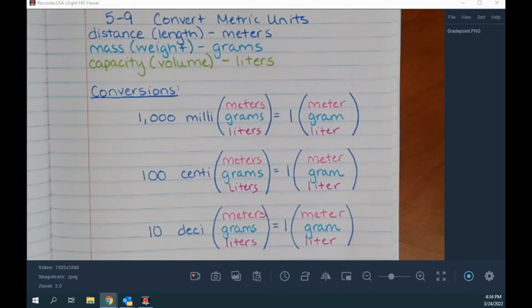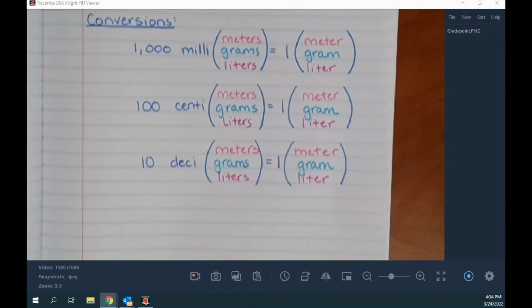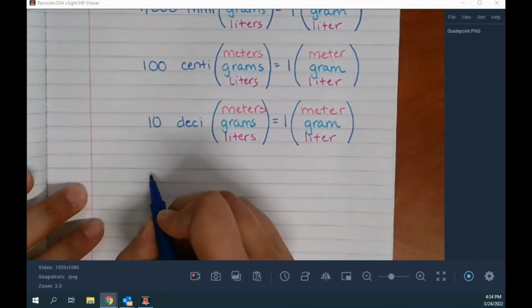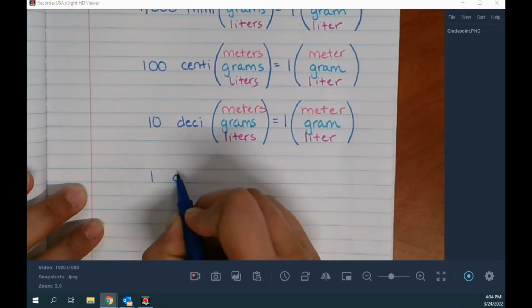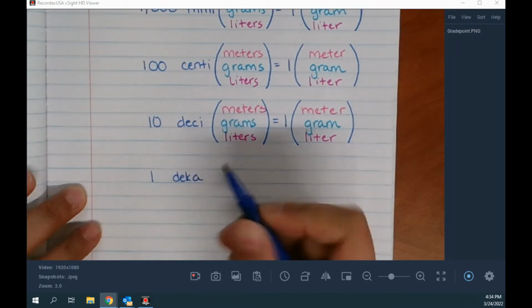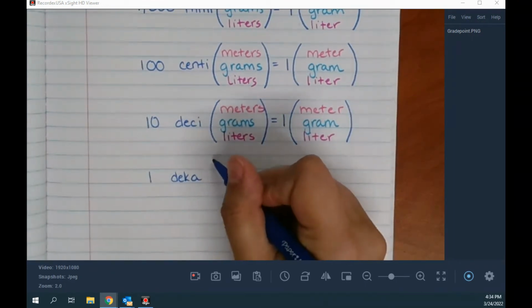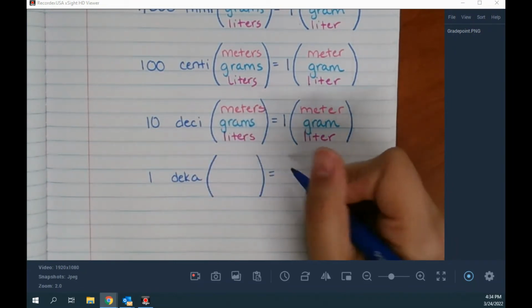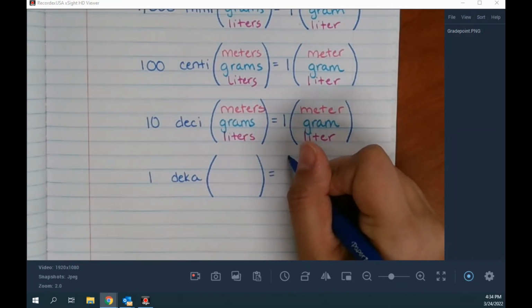Okay, let's move on to the prefix deca. So 1 decameter is going to be equal to 10 meters.